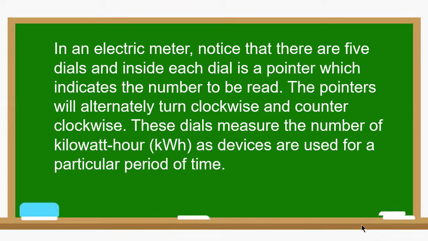In an electric meter, notice that there are 5 dials, and inside each dial is a pointer which indicates the number to be read. The pointers will alternately turn clockwise and counterclockwise. These dials measure the number of kilowatt-hour as devices are used for a particular period of time.